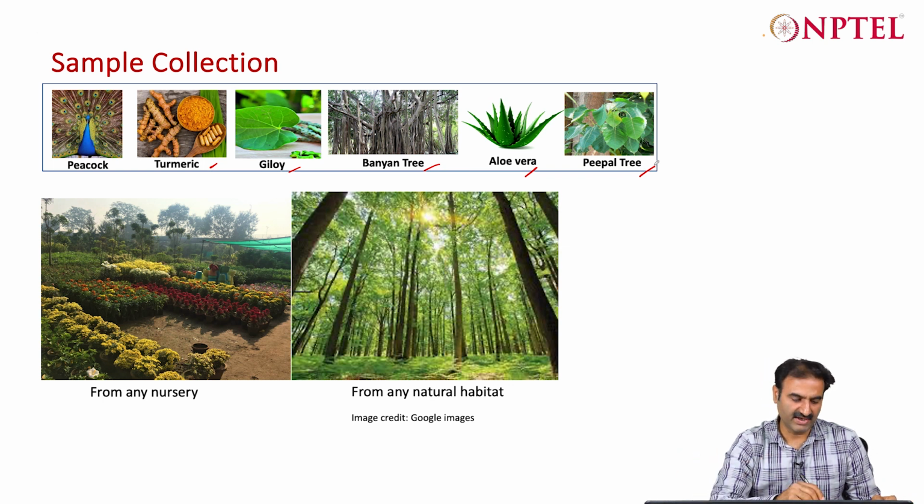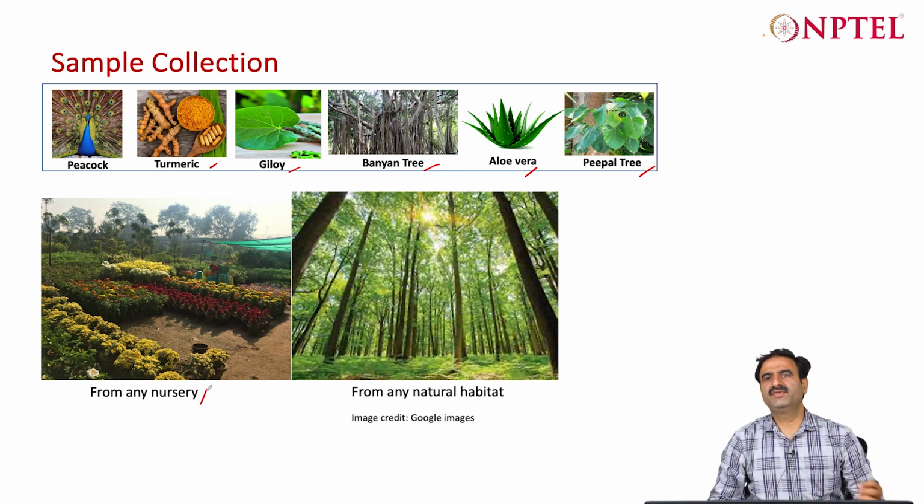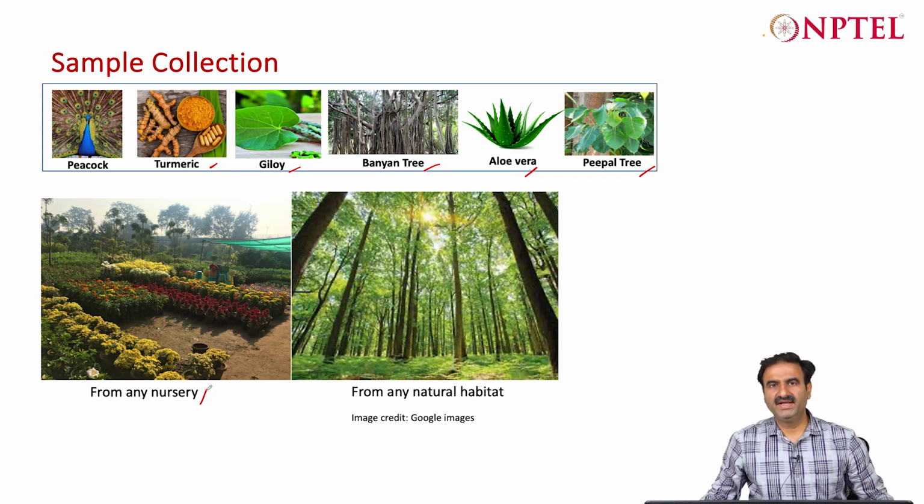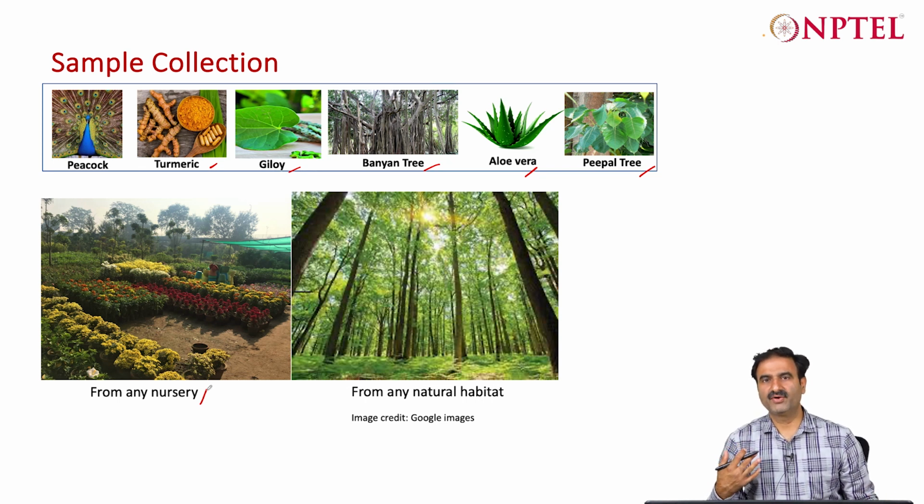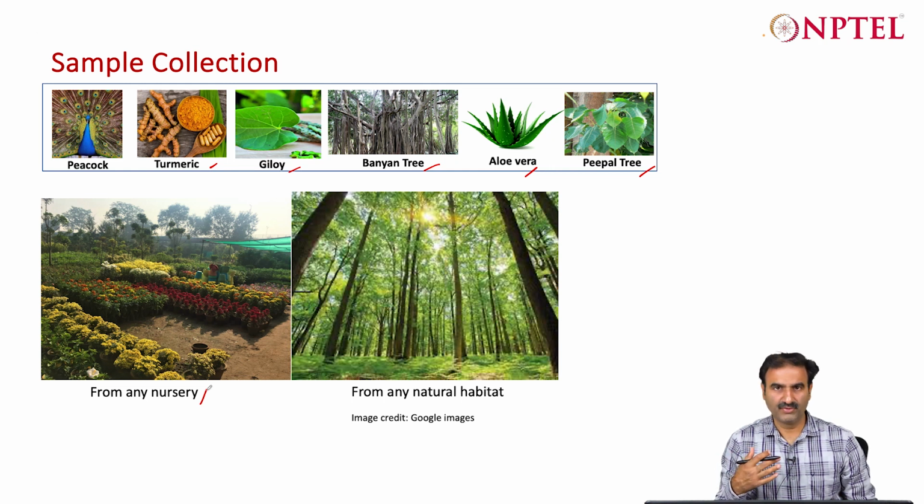So you can collect it from a nursery because there you will at least know, and some expertise is available to identify the species. You can also go to the wild, okay, and based on the morphological phenotypes that have been described in books, and some expert that accompanies you, you can get the samples, because there is a lot of biodiversity in the northeast regions, in the Kerala region, Western Ghats, which is yet unexplored, right?